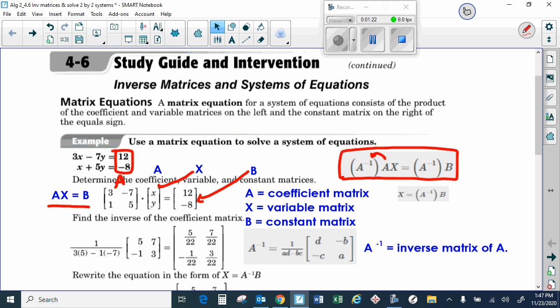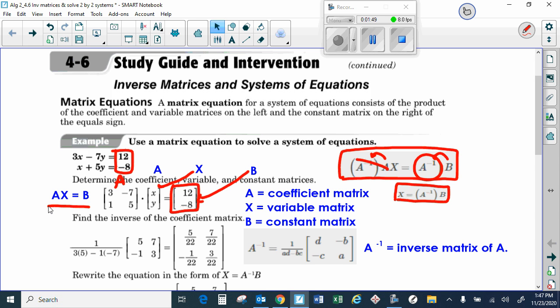This inverse matrix is on the left of A, so it must also be on the left of B. It cannot be on the right side of B. You'll get a different answer. We already know matrix B, the constant matrix. We have to find this inverse matrix. Then these would cancel out, and that's why you see X equals A inverse B.